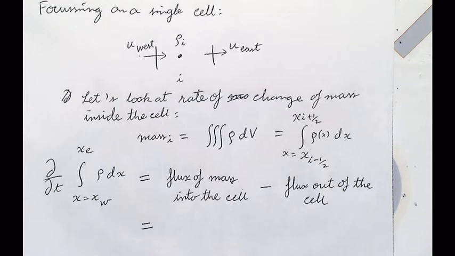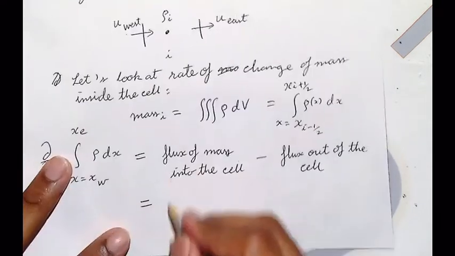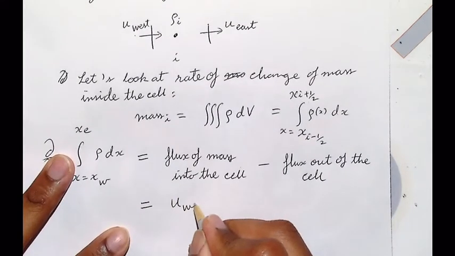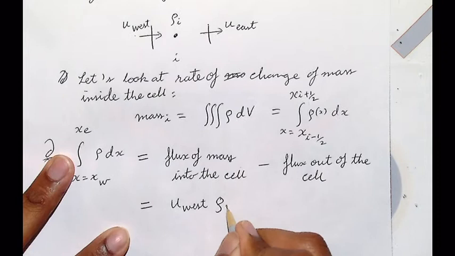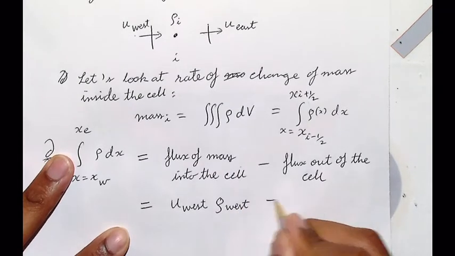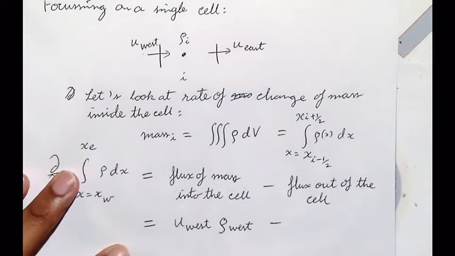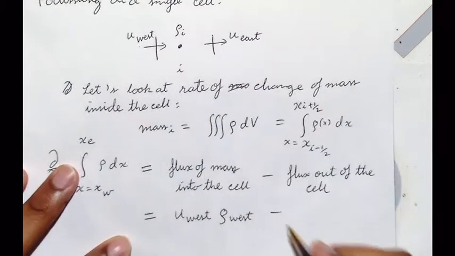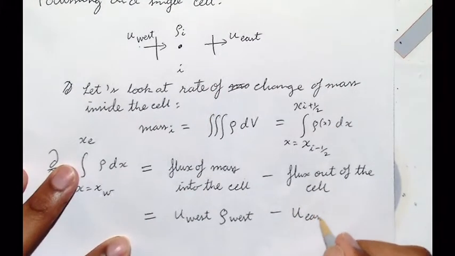You're saying it's U west times the area of the west face. Yeah, that's correct, but you multiply that with rho. So it's U west times rho west. And the outflow is U east times rho east.